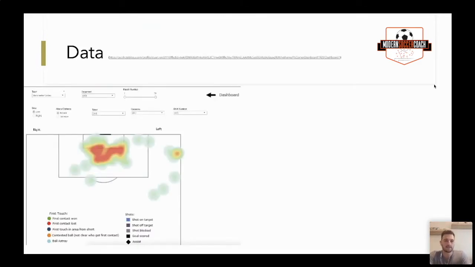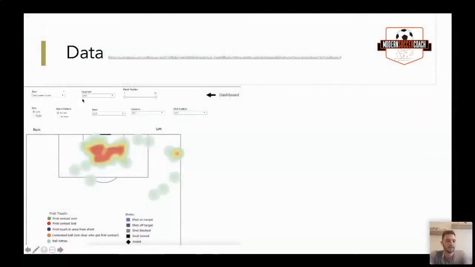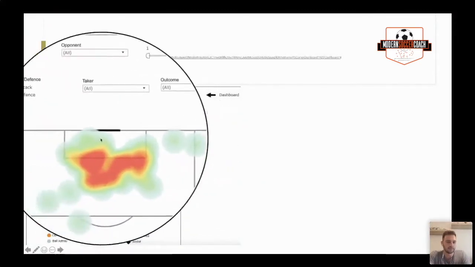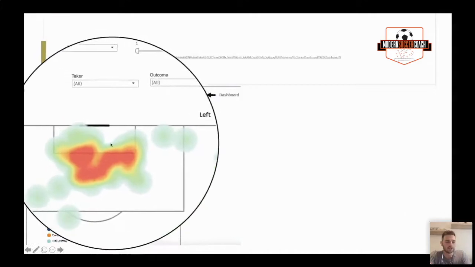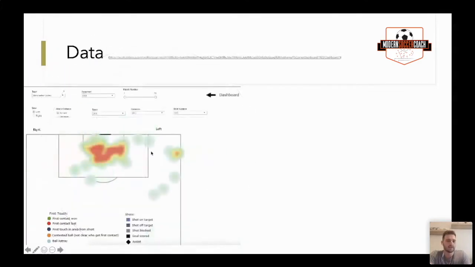This is the defensive corners of Manchester United. Here I highlight that. What is interesting here is that you can see the heat map where they concede a lot of touches or a lot of shots.